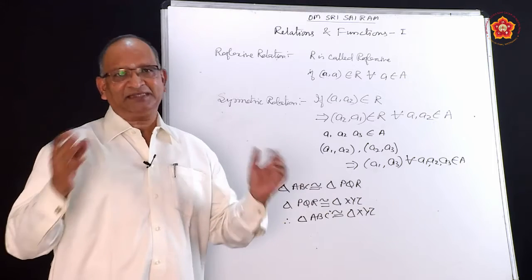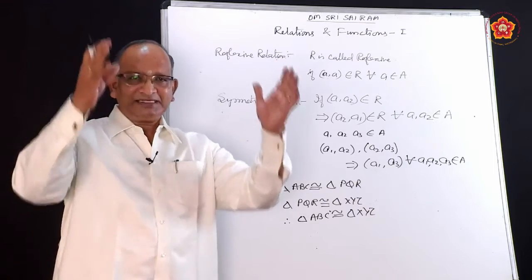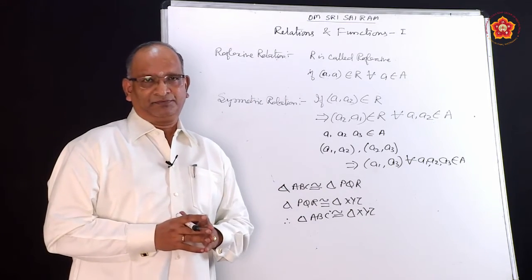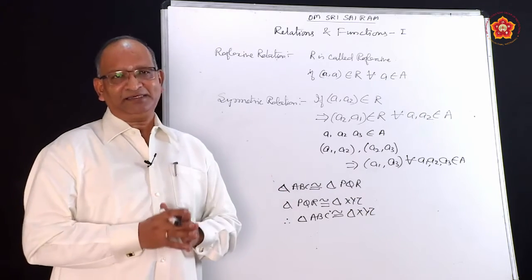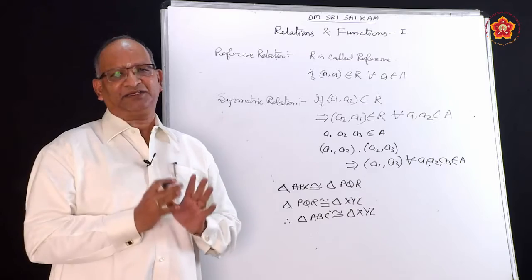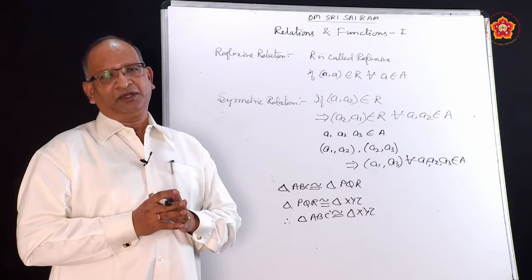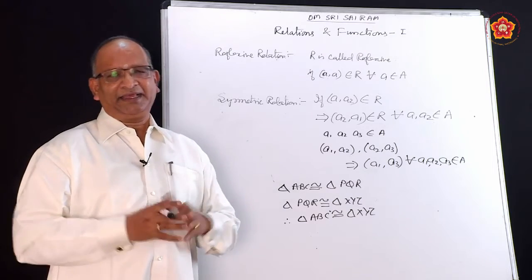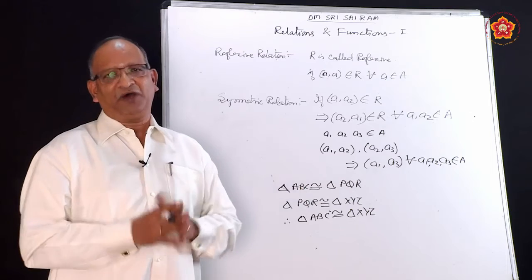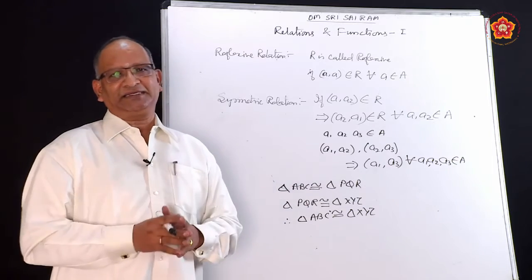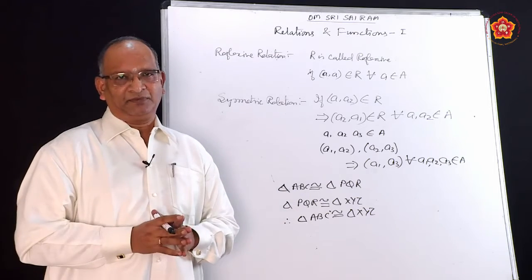Suppose in a given set, for a given relation, all these three things are true. There is a set A and it has got some elements and he has defined some relation. Relation can be of any type. He can say equal to, greater than, smaller than, LCM of, HCF of, congruency, similarity. Relations can be of infinite types.